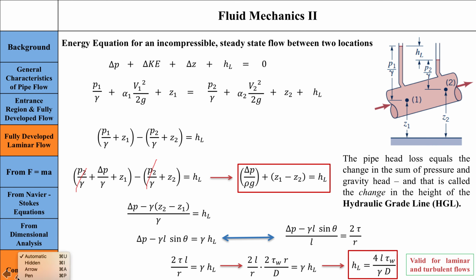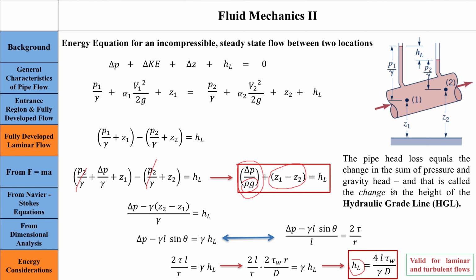I've just expanded this term because I can write gamma in terms of rho g. That's all I've done here. And this is another way to write this head loss term. Instead of writing it in terms of tau w, in terms of wall shear stress, I've just written the head loss term in terms of the pressure head and in terms of the elevation within the pipe. Okay.